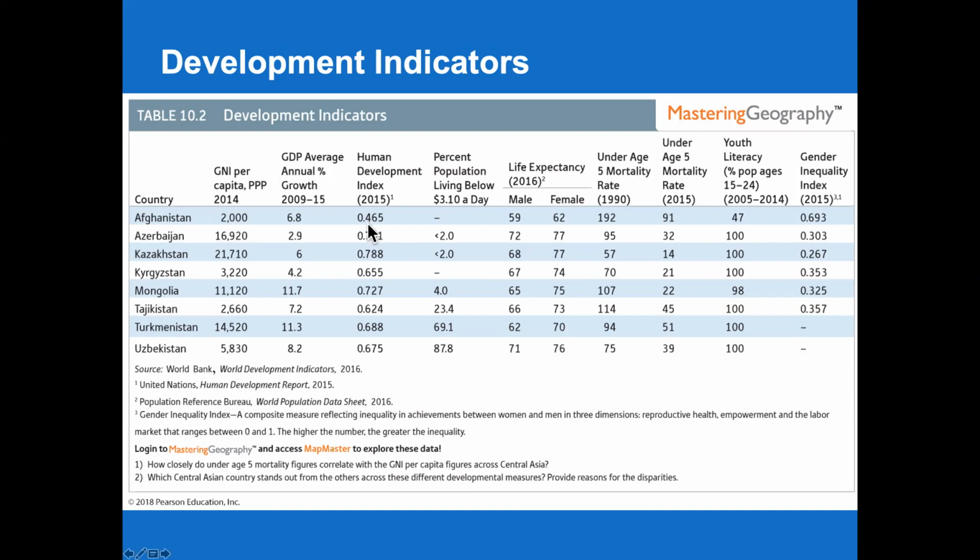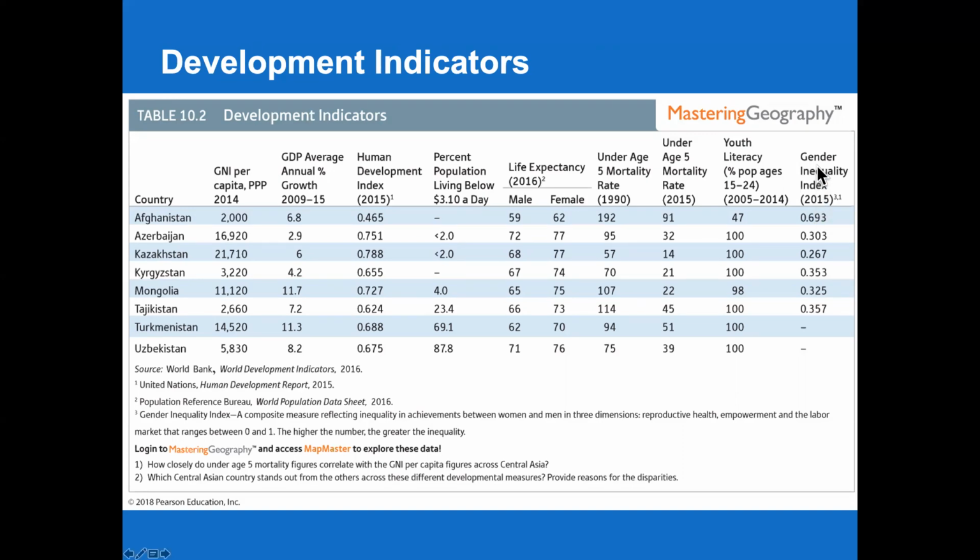So look at a place like Afghanistan, 0.4. To give you a sense, the best country on earth in terms of all possible measures is Norway, and Norway has a human development index of 0.96. The US sits at 0.92. So you have a country like Afghanistan at 0.45.